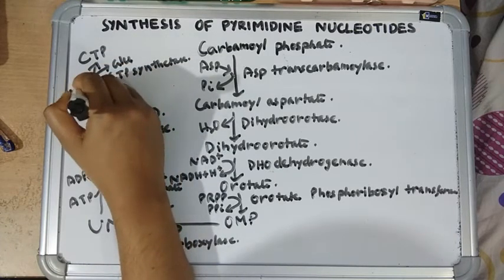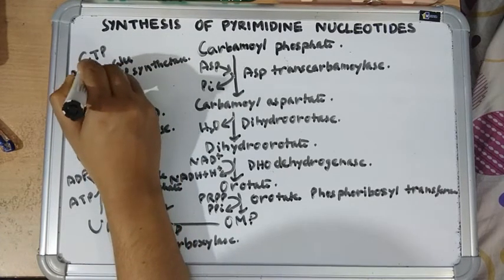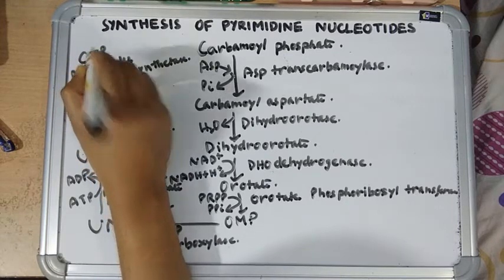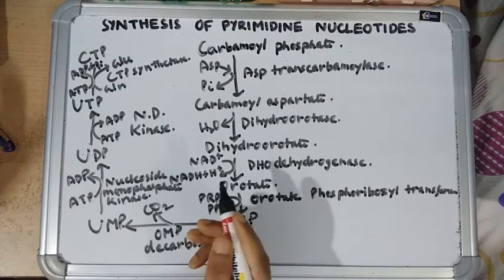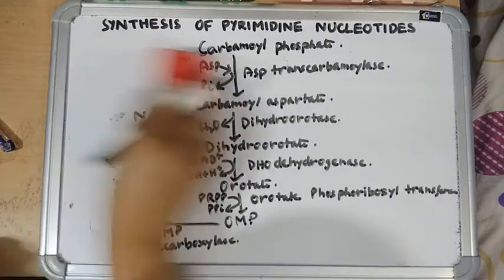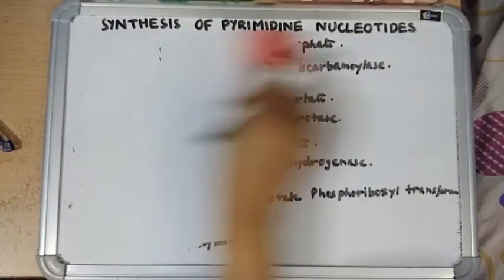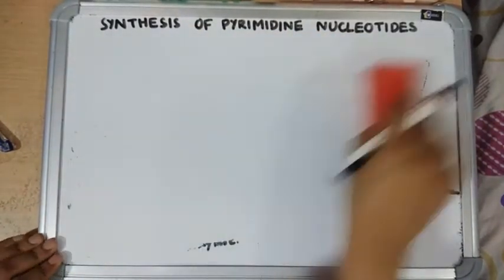ATP is required as the source of energy. So this is the formation of pyrimidine nucleotides by de novo pathway.